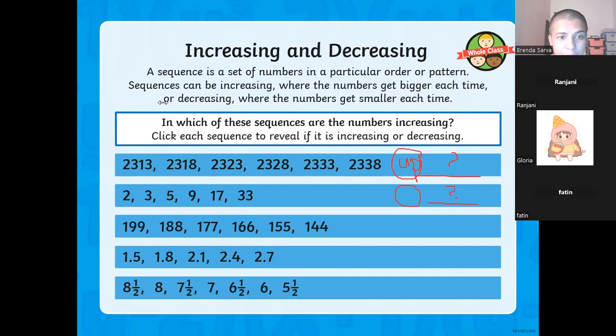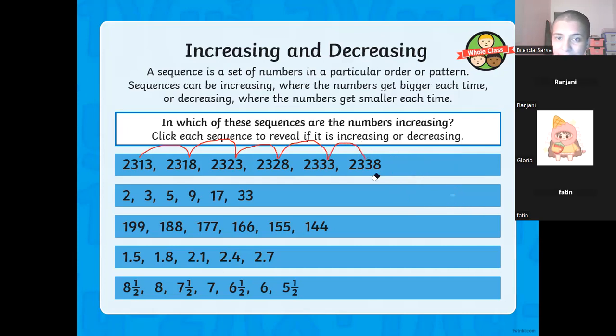Now, how about number two? Very easy also, but not so easy as it looks. So you see, the first one, ascending by 5, you guys got it easily because the rule didn't change. Every time it was just going up by 5s.